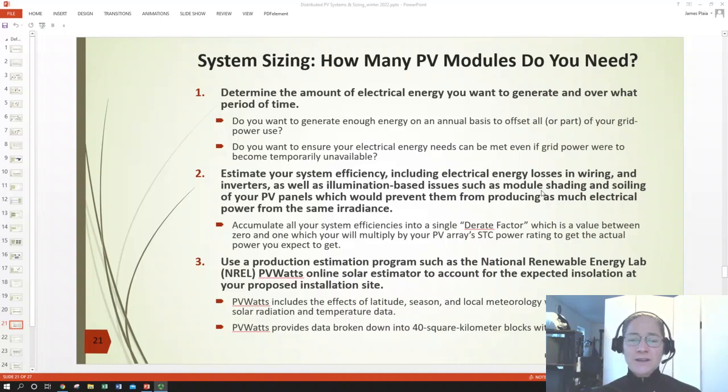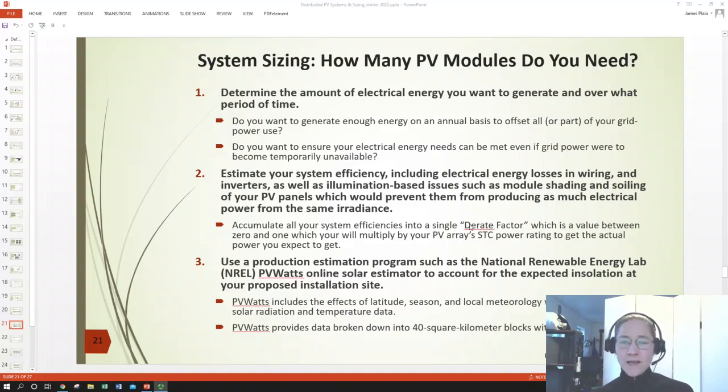We also need to look at the fact that we can get dust and other things accumulate that will scatter light such that it bounces back and doesn't get absorbed by our PV panels. All of these will downrate our system such that we will effectively need to generate more DC to get the AC needs that are reflected on our power bill.